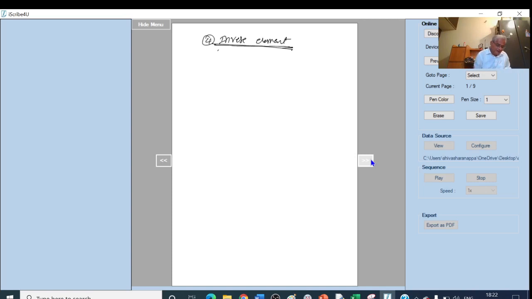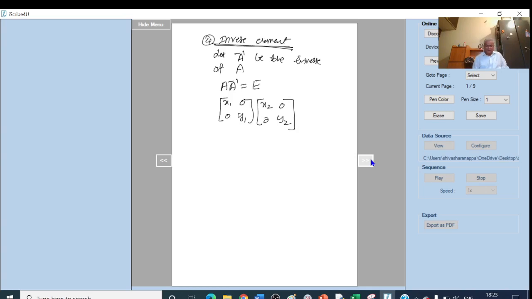Or we take, let A inverse be the inverse of A. Then by the definition, A times A inverse is equal to E. A is [x1 0; 0 y1], and let A inverse be [x2 0; 0 y2]. We have to find x2 and y2.